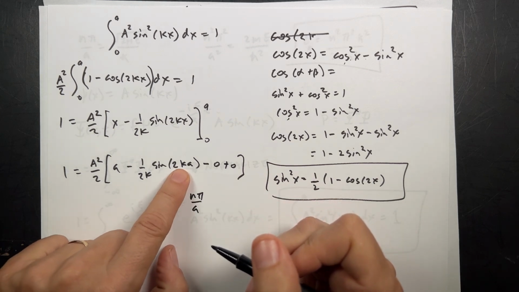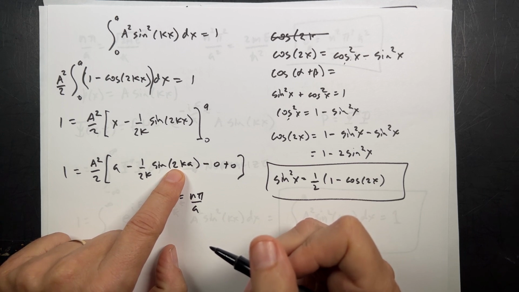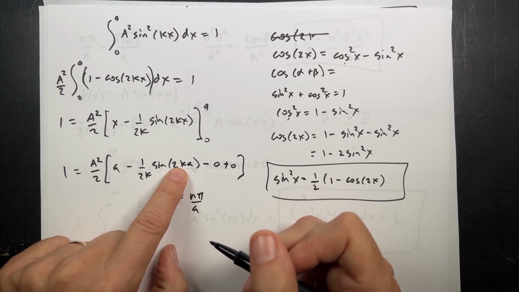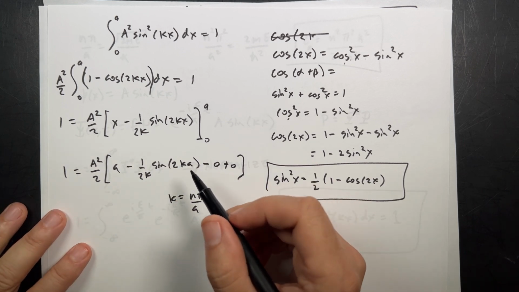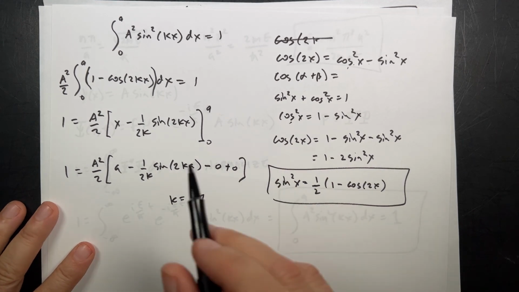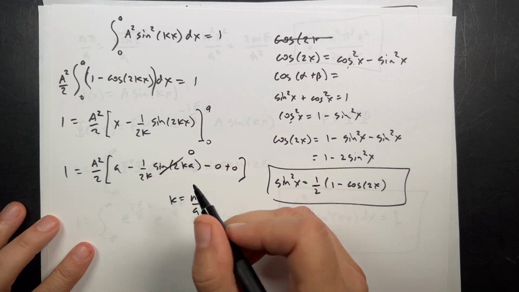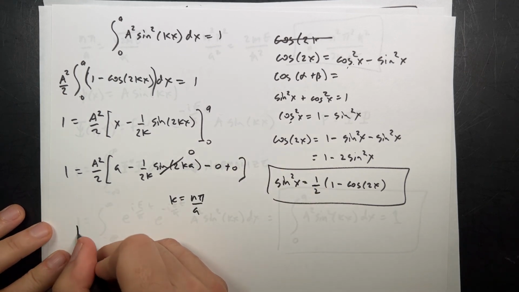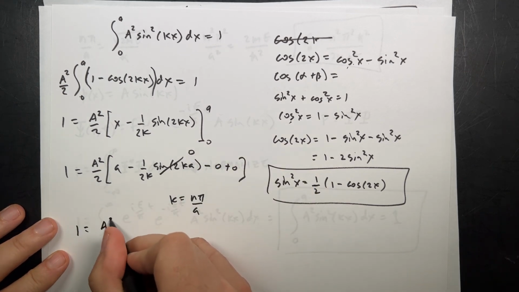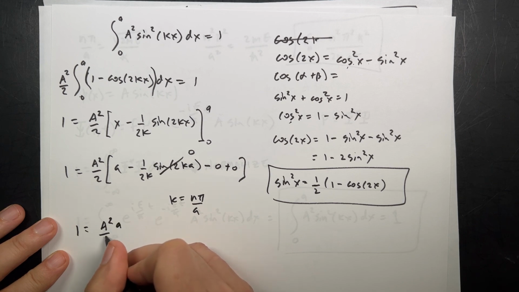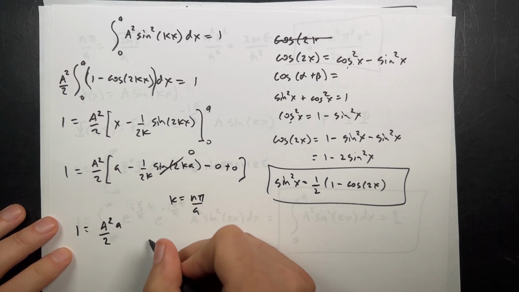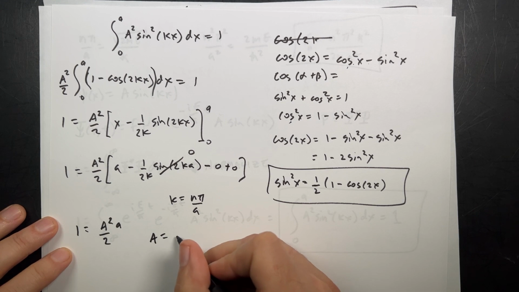And so if I put that in up here, I get 2n pi. And so the sine of 2n pi is going to be 0, right? Because no matter how many times I go around, every time it's the same as sine of 0. So that's 0. And I get 1 equals A squared times a over 2, so A is the square root of 2 over a.